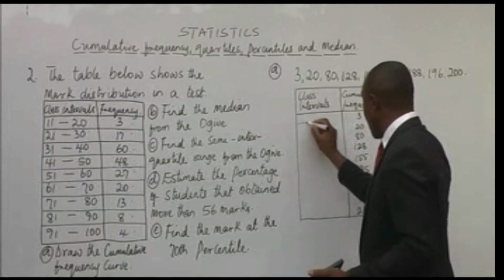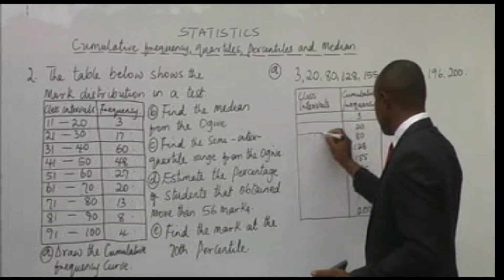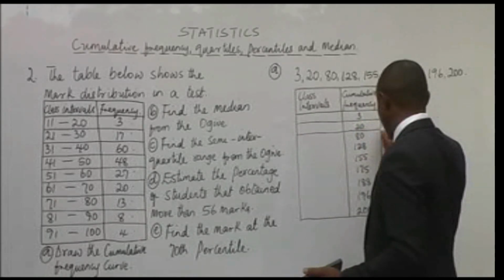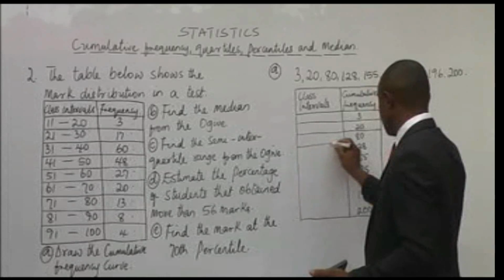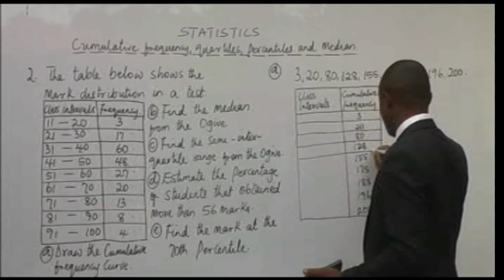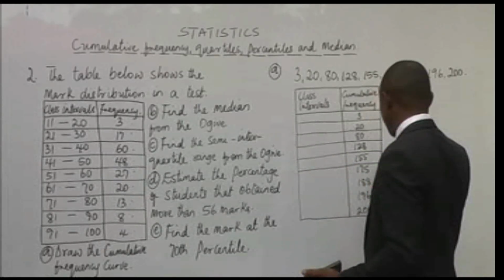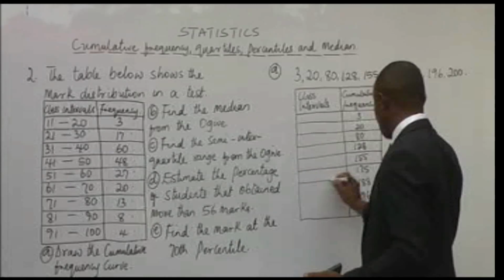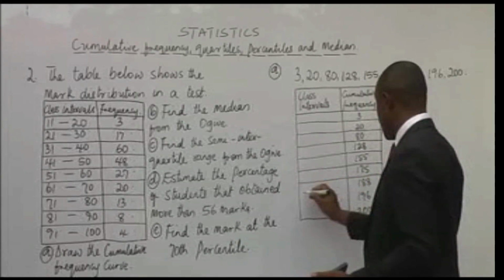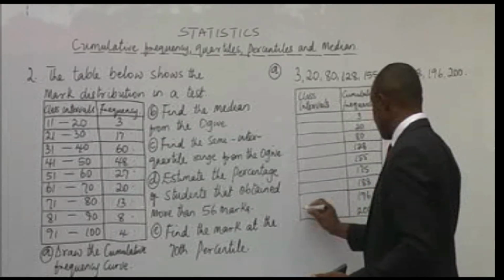So when you draw your lines of demarcation, you bring in the upper class boundaries that correspond to these cumulative frequency values.